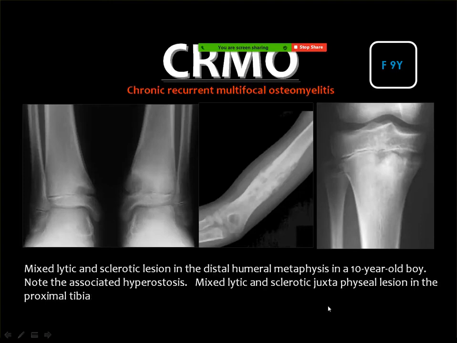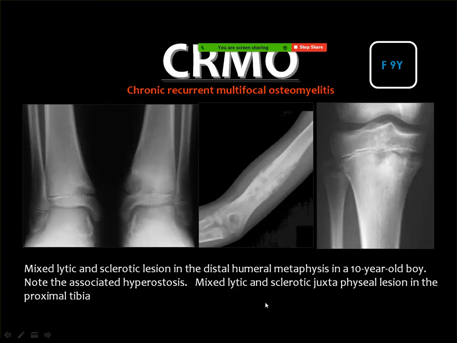Then you remember this new topic is included in the rest of my course. It is known as chronic recurrent multifocal osteomyelitis. If you diagnose this as an infection, then you consider all these lesions as infection. And the multifocal osteomyelitis is seen in two conditions.